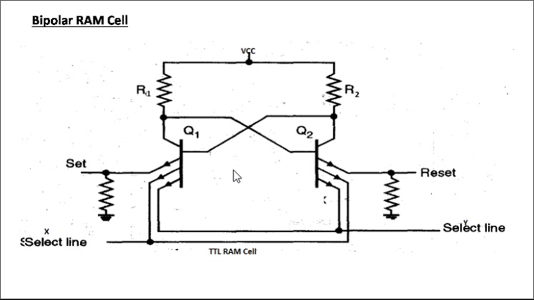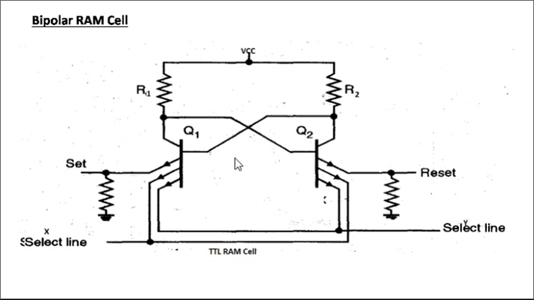Now the operation is important. These are the X select line and this is the Y select line, selecting a cell from a matrix. Q1 and Q2 are cross coupled inverters. Hence one is always off while the other is on.